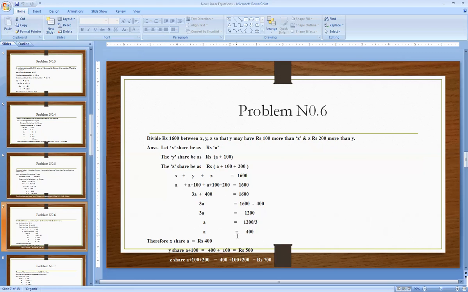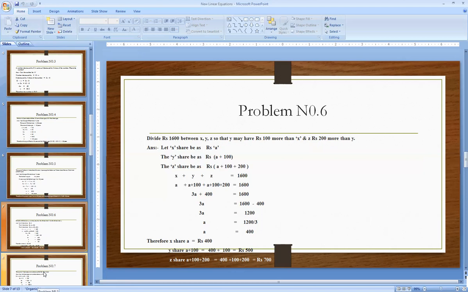Therefore, X's share is 400 and Y's share is A plus 100, that is 400 plus 100, equals 500. And Z's share will be 400 plus 100 plus 200, the total value will be 700. This is how to calculate the values if they are given to divide and share between three people.